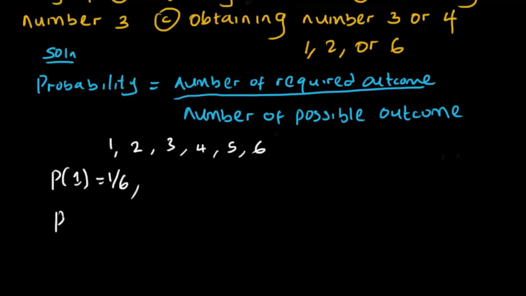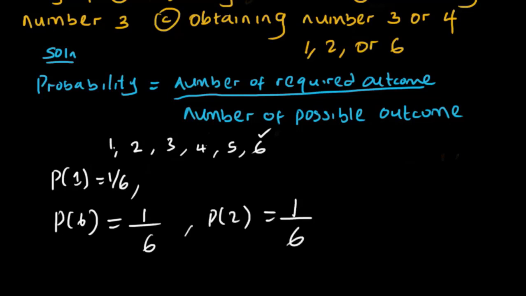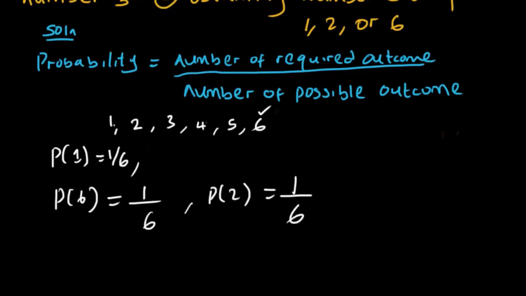Now for probability of obtaining 6, how many 6s do we have? 1. What is the possible outcome? 1, 2, 3, 4, 5, 6. So probability of obtaining 6 is still 1 over 6. And probability of obtaining 2, we have 1, 2. So we'll put 1 over 6. Do you understand?